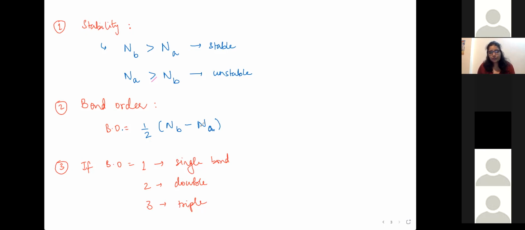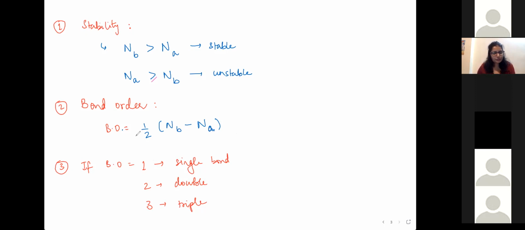But if they're equal, bond order becomes 0. Zero means there are no electrons shared between them, so no molecule is formed. And if the number of anti-bonding electrons is greater, then this goes negative, which also does not make sense. That also tells us that there is no molecule formed between these atoms.